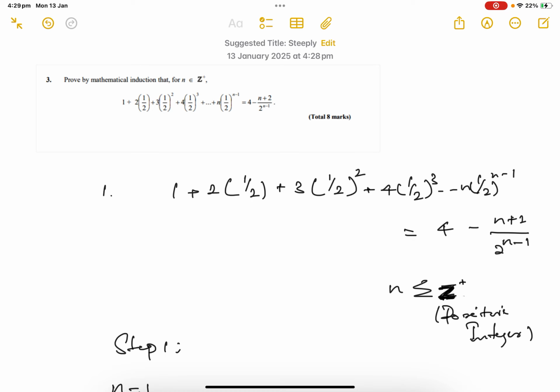So we need to prove by induction that the sum of the series on the left hand side equals 4 minus (n plus 2) divided by 2 to the power of n minus 1.